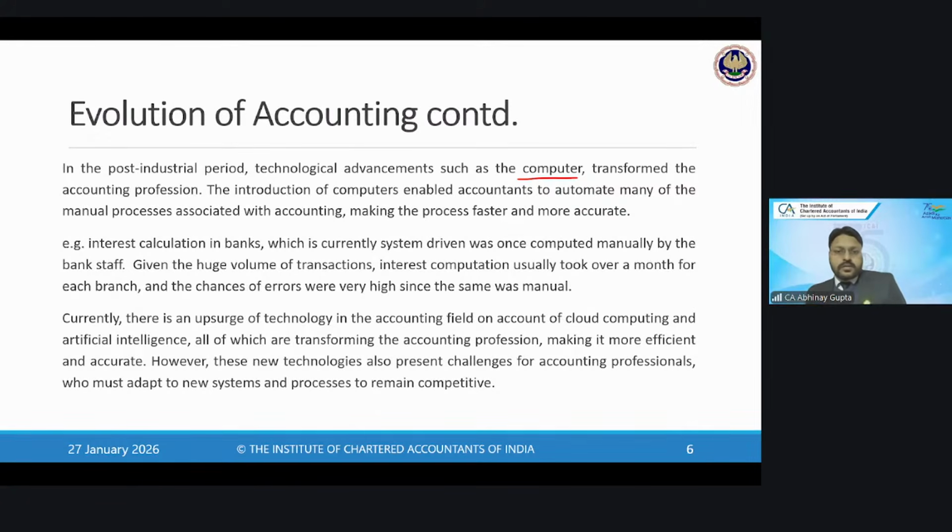Then some software started coming in to maintain the accounting records. Those software are called ERPs, enterprise resource planning. So ERPs evolved over the period, right? Earlier the prime objective was to just prepare the trial balance or do the accounting.